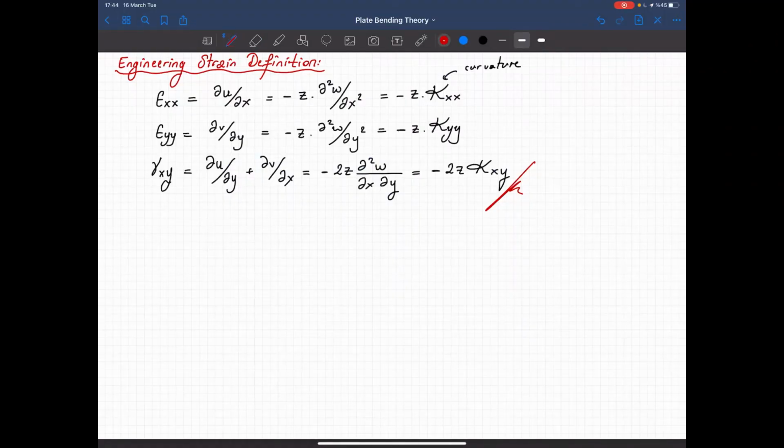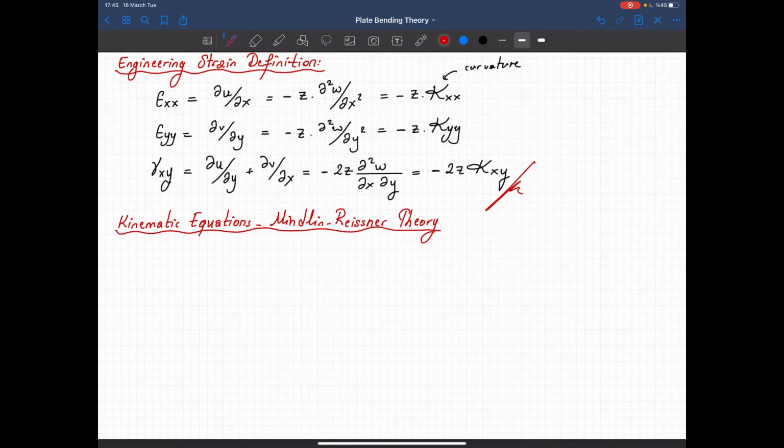Okay, now let's take a look at the kinematic equations for the thick plates. So we are using the Mindlin-Reissner theory for this. So the main difference here is it accounts for bending and shear deformations.